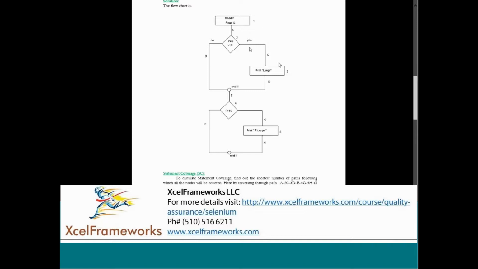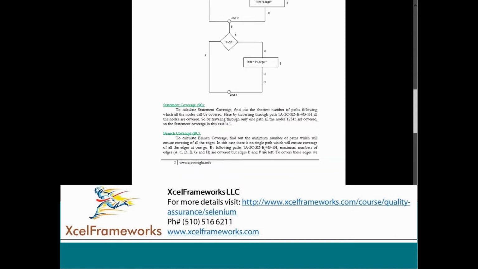I'll try to solve this: something like 1A, 2C, and 3D is one path, and another case would be 1A and 2B, correct? That's the second path. The third path would be, let's say, we make P less than 9, it will come back to E, F, and suppose if P is greater than 50, then it will come to E, G and 5G.